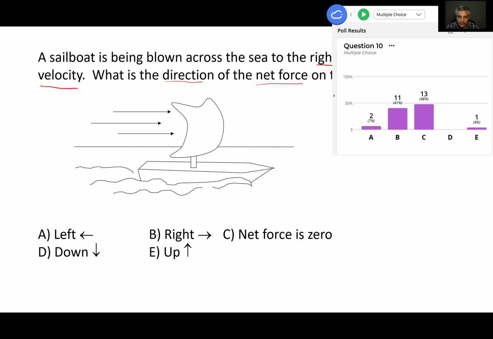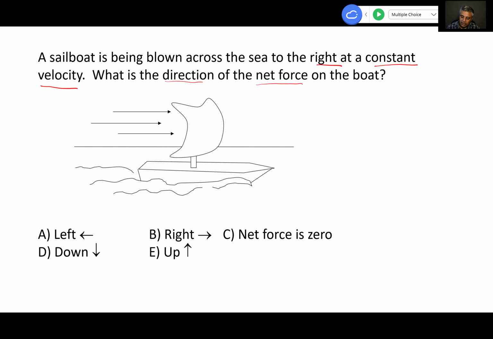Okay, so net force we're talking about. So constant velocity means net force is zero. That's Newton's first law. We don't even have to draw a free body diagram. If I were to draw a free body diagram, how would it look?